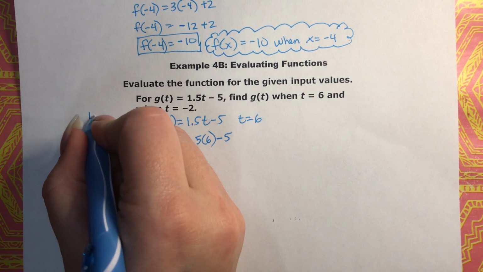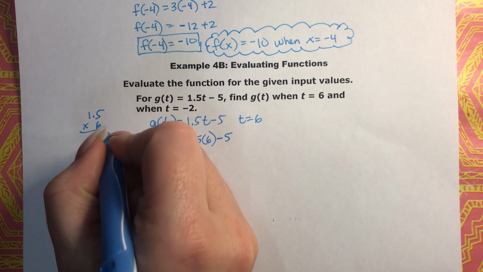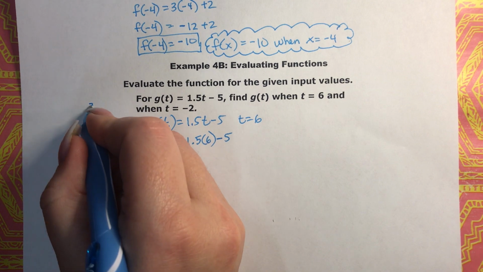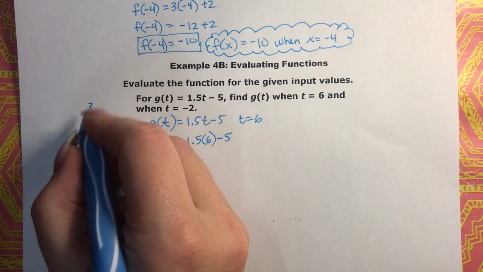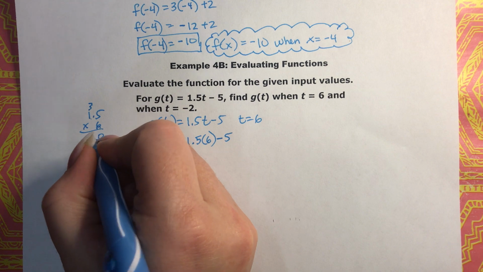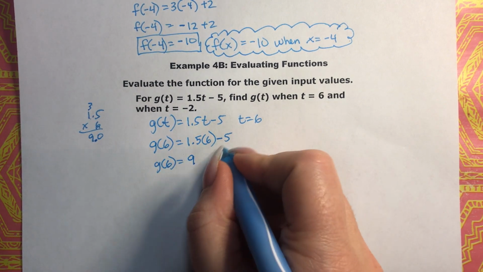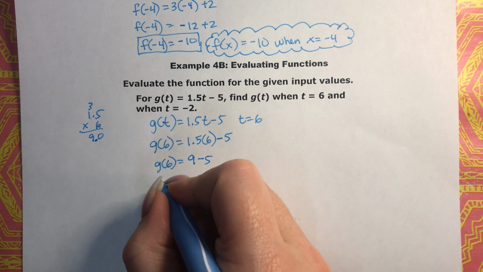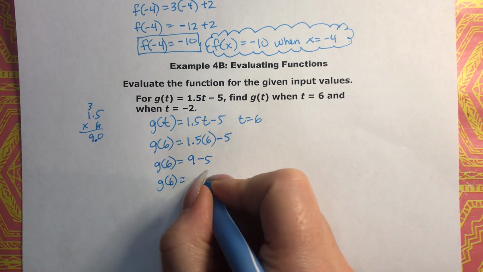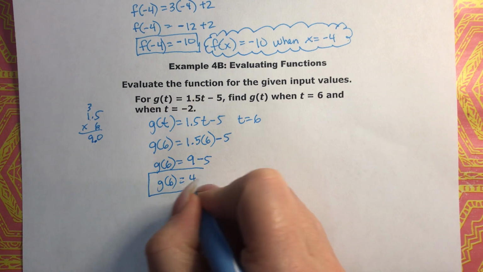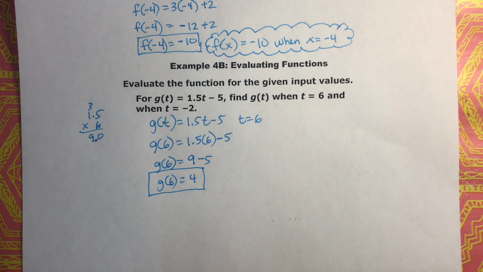I'm not exactly sure what that is, so I'm going to do that multiplication off to the side. 6 times 5 is 30, write the 0, carry the 3. 6 times 1 is 6 plus 3 is 9, and there's one decimal, so there's one decimal here. So it's 9.0, which is the same thing as 9, and then minus 5. So that means g of 6 equals 4. That is our answer.